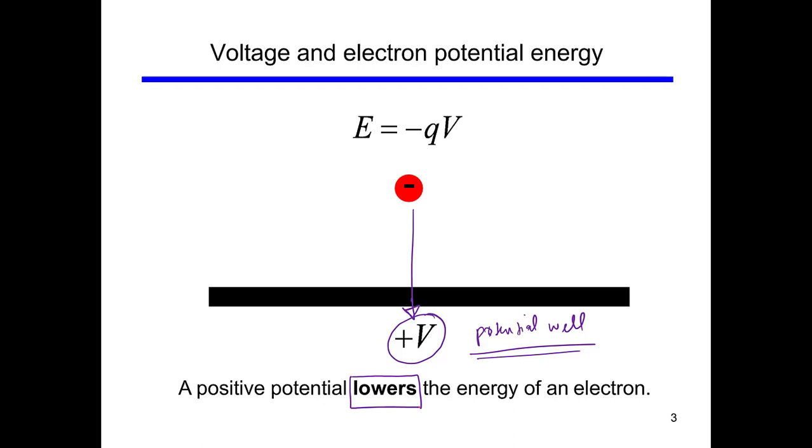Because the voltage is positively charged and the electron is negatively charged, a positive potential will lower the energy of the electron, and a negative potential will enhance the energy of the electron. And the energy of the electron in this case is equal to minus charge times applied voltage. Minus because the electron is negatively charged. Okay, so this is what happens when we apply a potential to an electron.